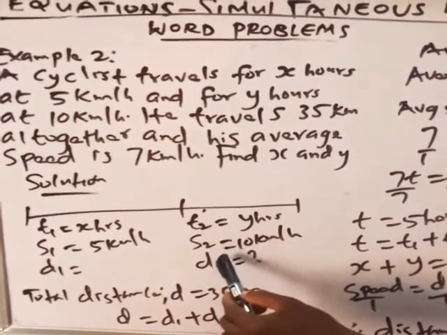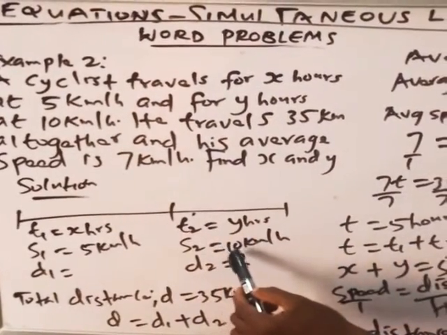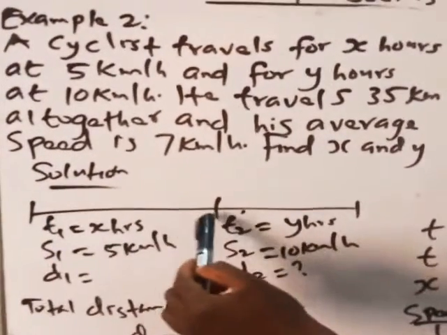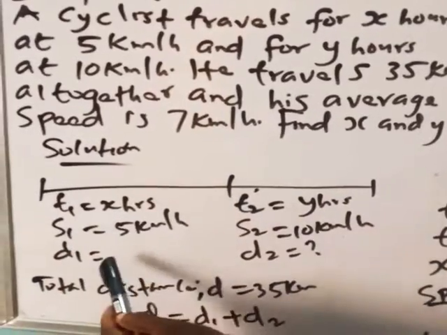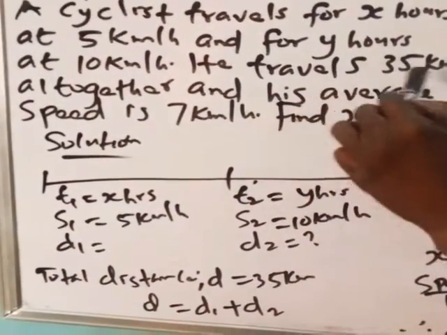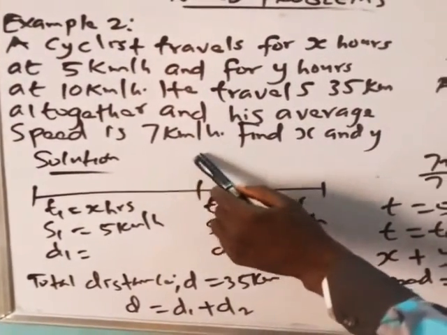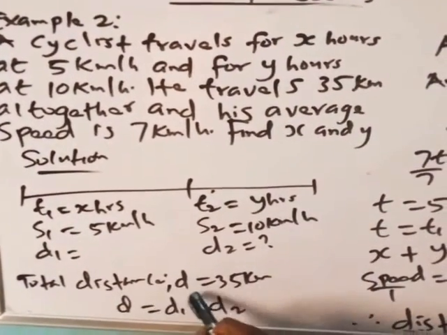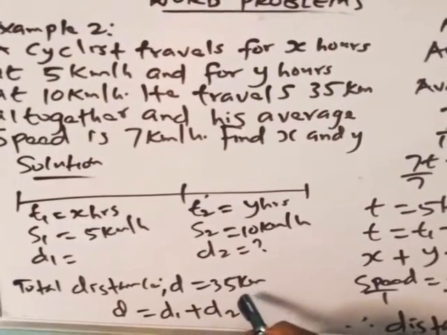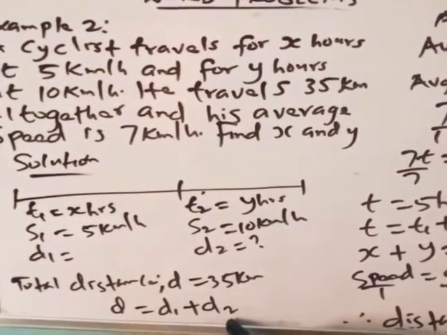And it's a different speed, 10 km per hour, I call it s2. So each of those journeys has distances d1 and d2. He travels 35 km altogether, and his average speed is 7 km per hour. Altogether distance means d, total distance, is 35, which is equivalent to d1 plus d2.